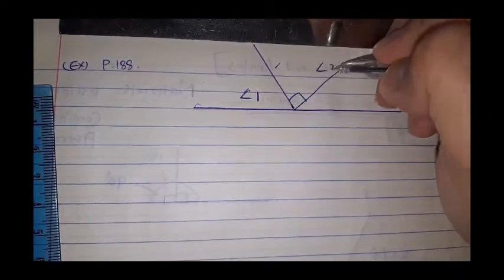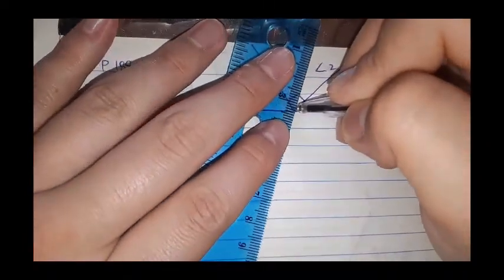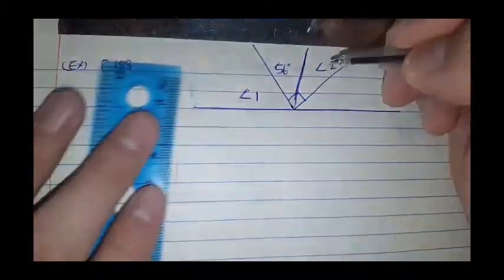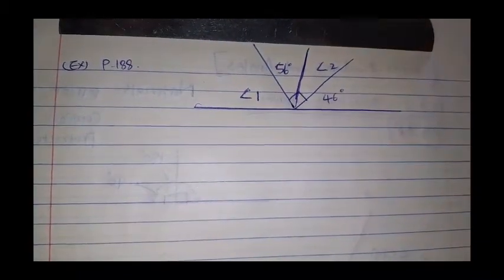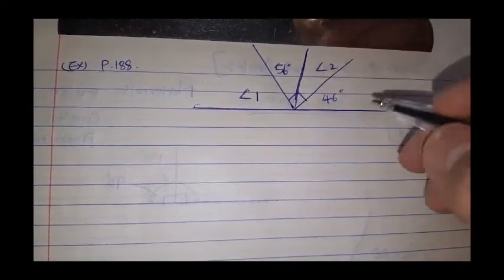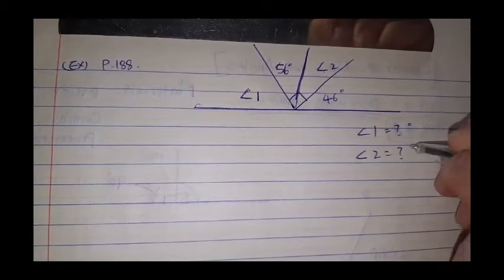Angle 2, 56 degrees, and another line that goes through like this, and this angle is 46 degrees. Our job is to find angle 1 and angle 2. Angle 1, what is that angle? Angle 2, what's that?